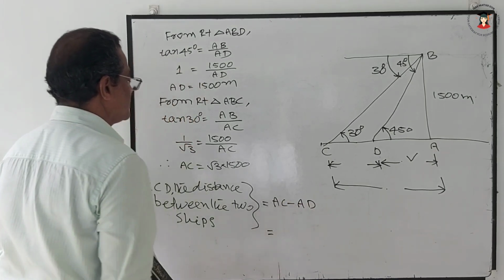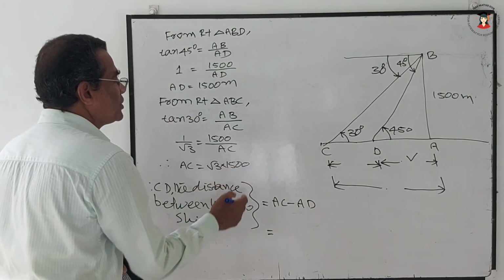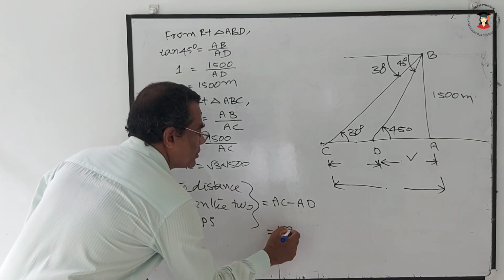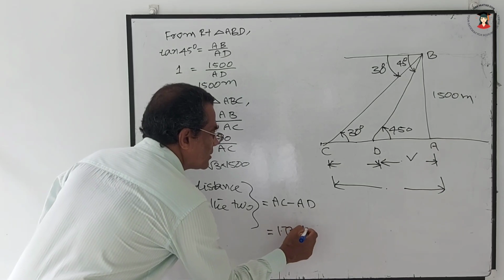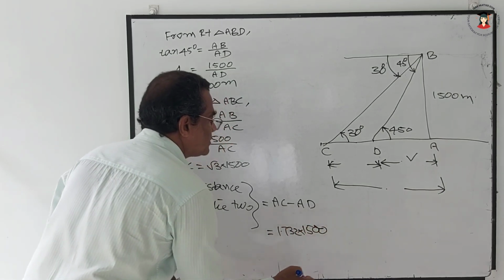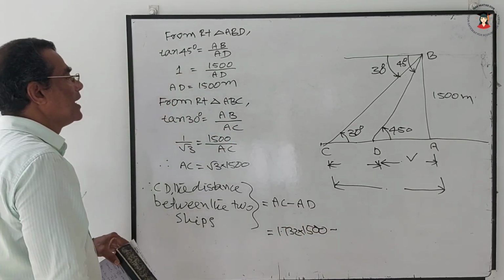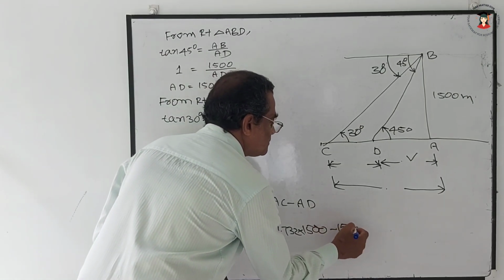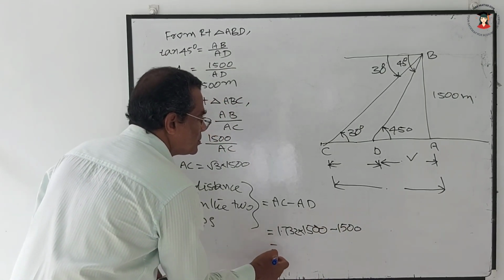AC is root 3 into 1500, that means 1.732 into 1500, minus AD, which is nothing but 1500.